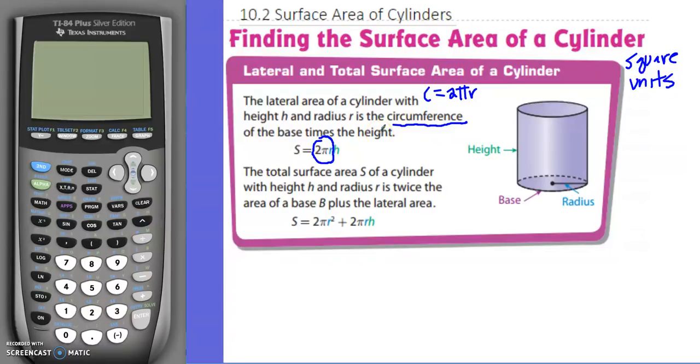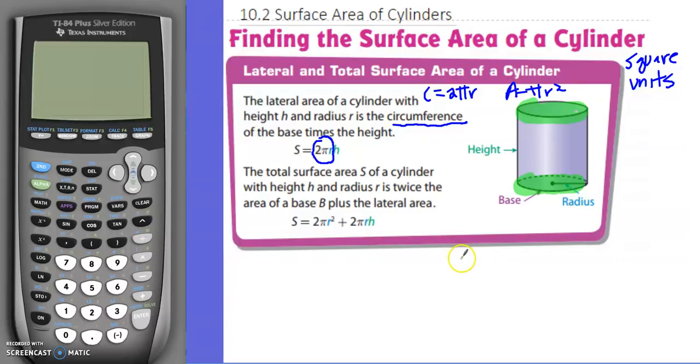And then the total surface area is going to be the circumference times the height of the prism plus twice the area of the bases. Well, if you remember, the area of a circle is pi r squared, but we have two of them.